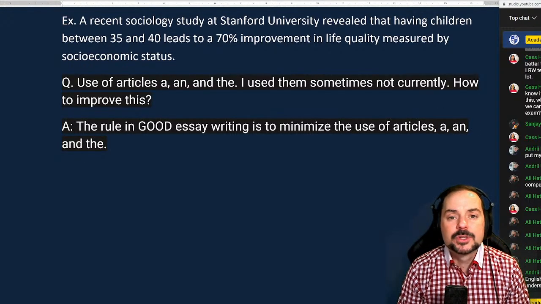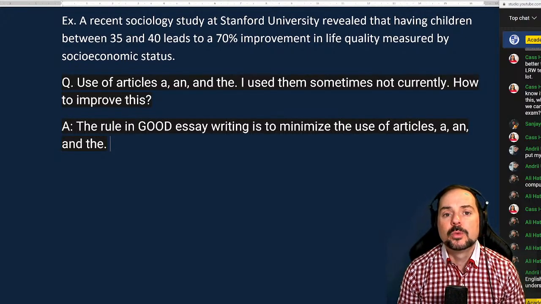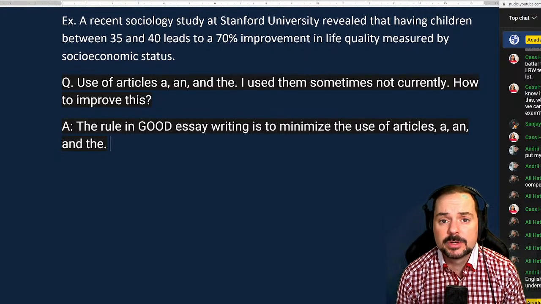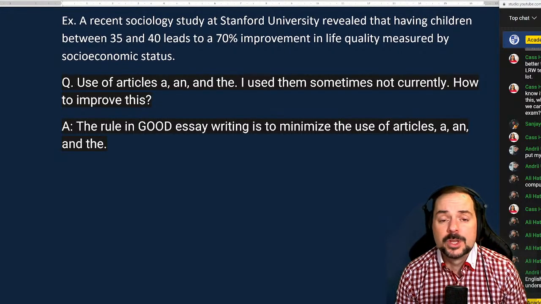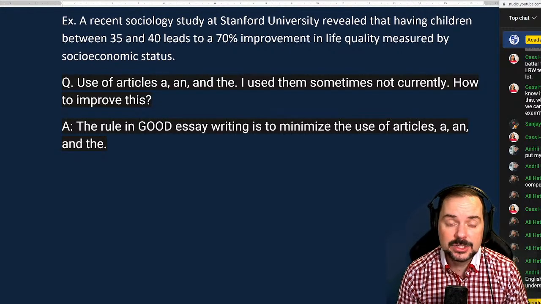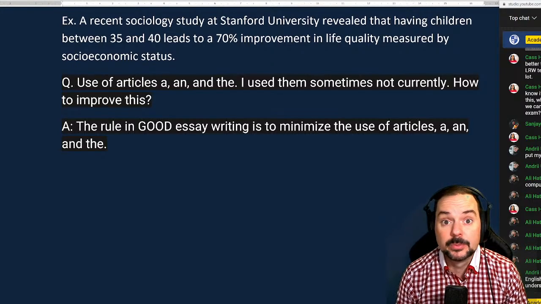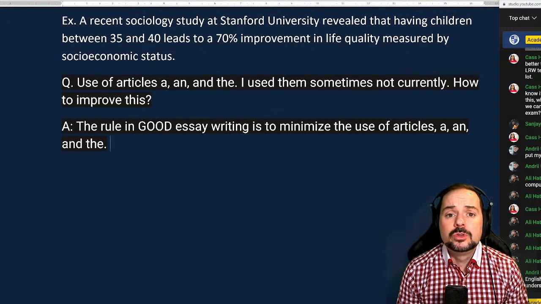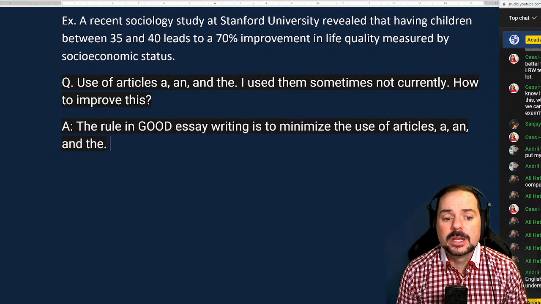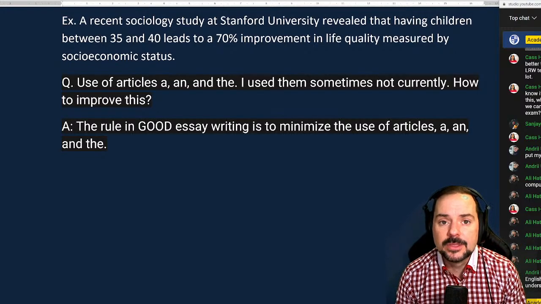When you're writing a research paper for your master's or your PhD, and it has to be really top quality, then you do have to edit and proofread and remove all of the unnecessary a, an, and the.